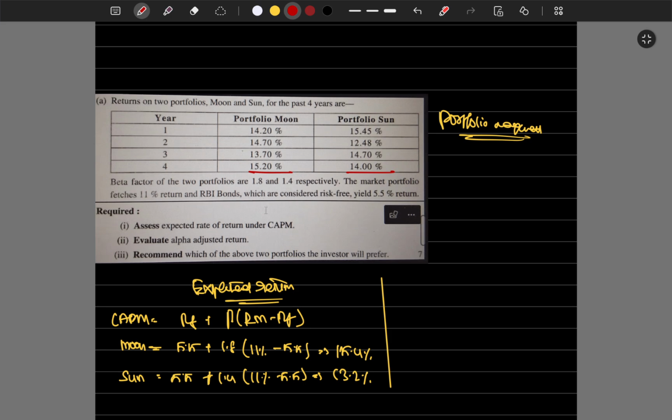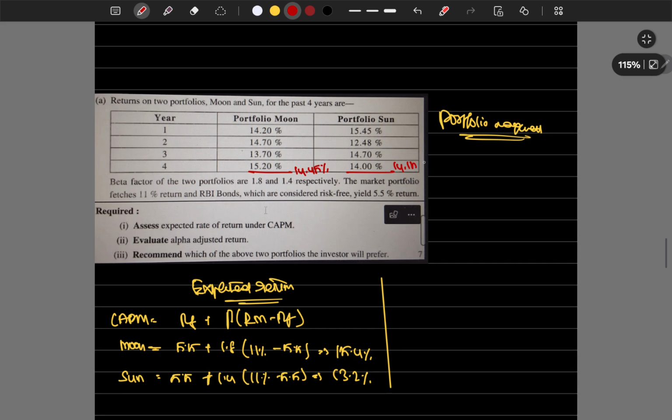We have to total this and average it. 14.2 plus 14.7 plus 13.7 plus 15.2, divided by 4, is 14.45%. For the other, 15.45 plus 12.48 plus 14.7 plus 14, divided by 4, is 14.1575. This is the actual returns.